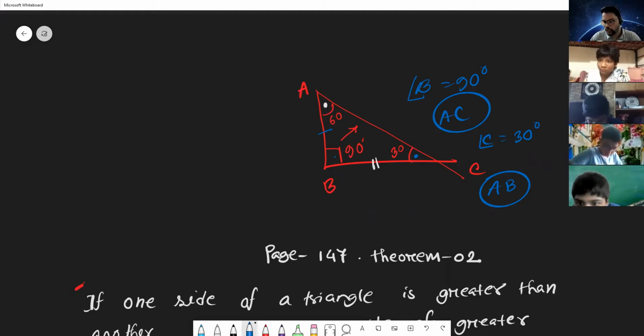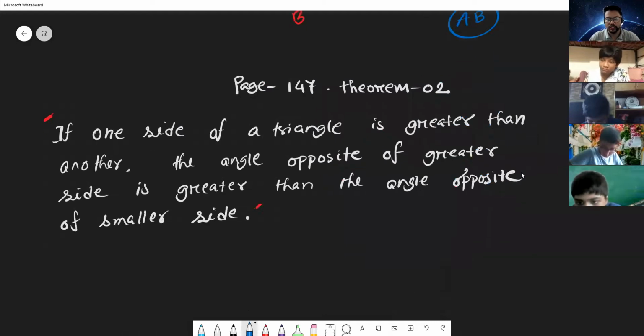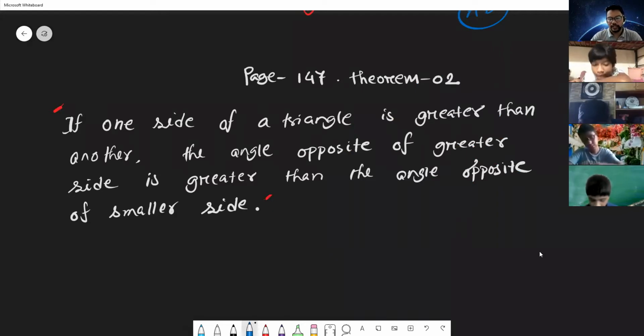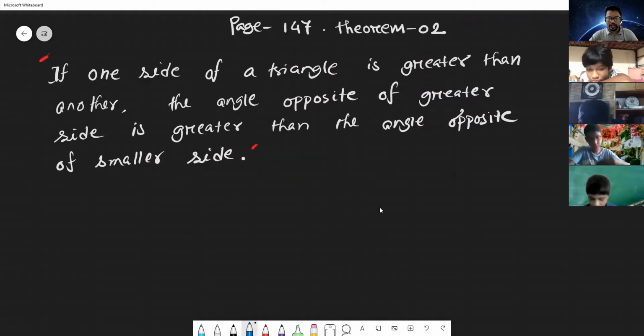So now we will prove this theorem. The theorem says if one side of a triangle is greater, then the angle opposite the greater side must be greater than the angle opposite the smaller side. Okay, first draw the figure here.